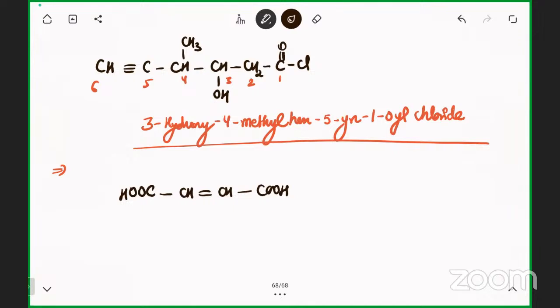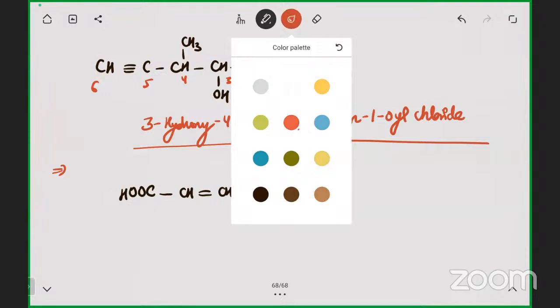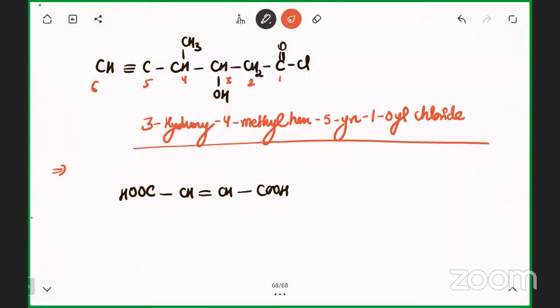Now just try to name it. See, in this particular case, you can give the priority to any of the functional groups, just because both are same and both are at equal distance. It will be 1, 2, 3, 4.